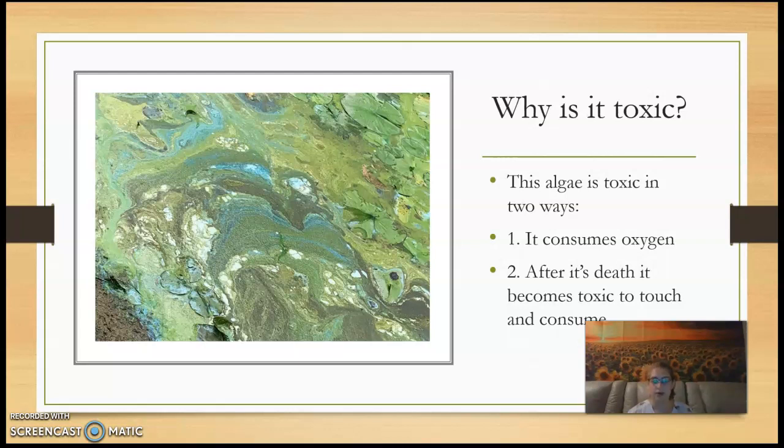They process the water through their gills, pulling the oxygen out of it to help them breathe and perform their daily life tasks. So with the algae taking the oxygen out of the water, it leaves less oxygen for the fish, and therefore they roughly drown.